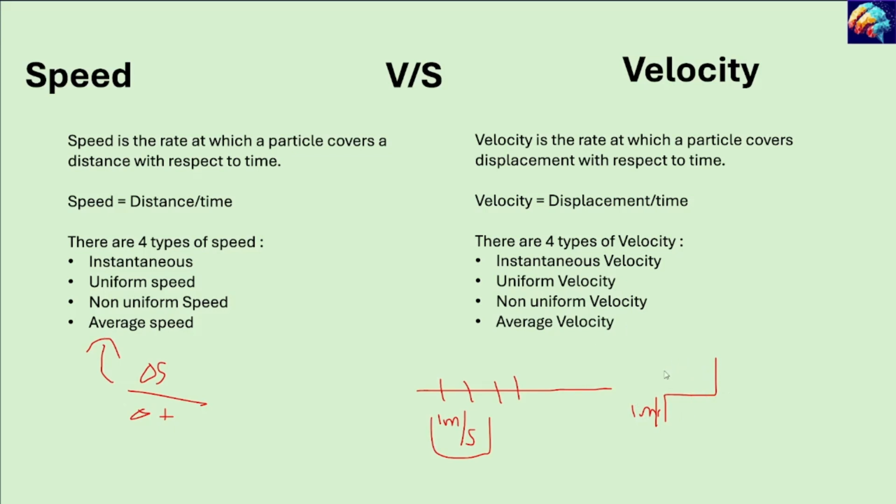So this would be an example of non-uniform velocity, and this would be an example of uniform velocity. Average velocity is the velocity taken on an average. So its formula would be total displacement over total time.